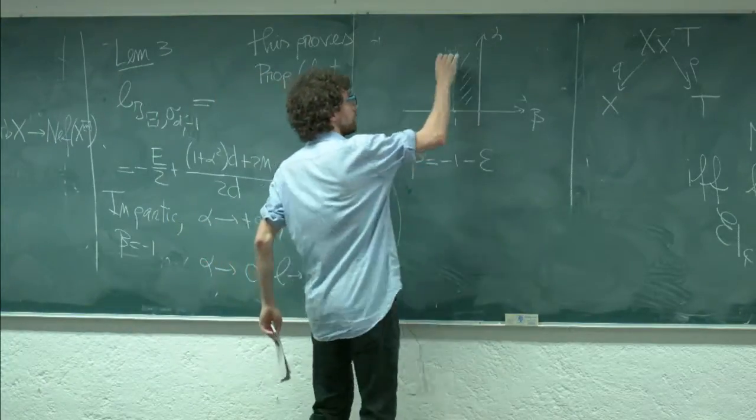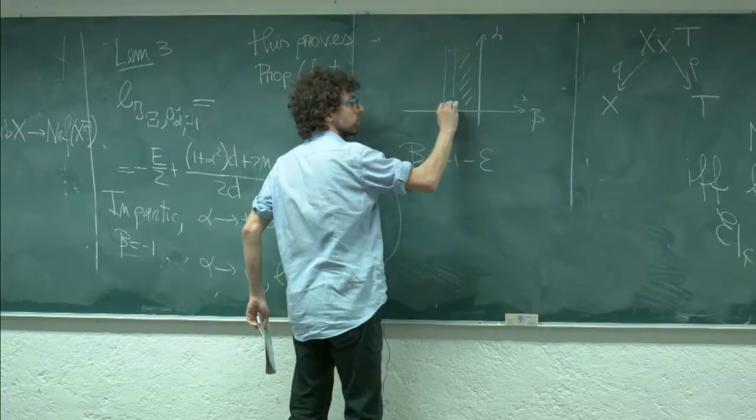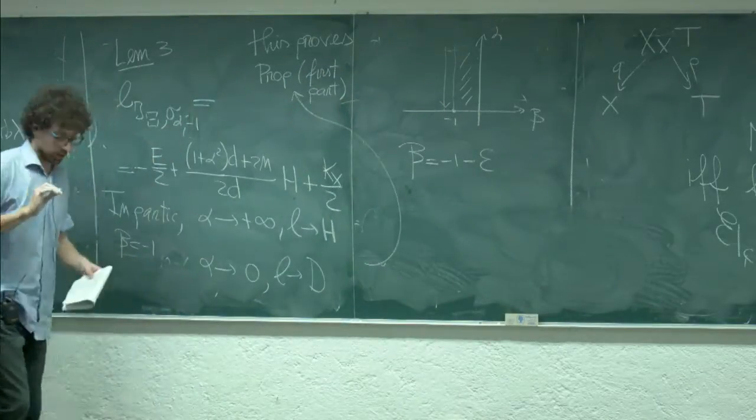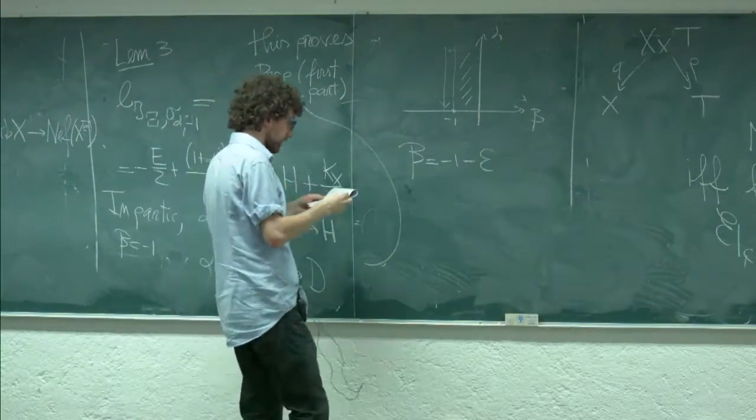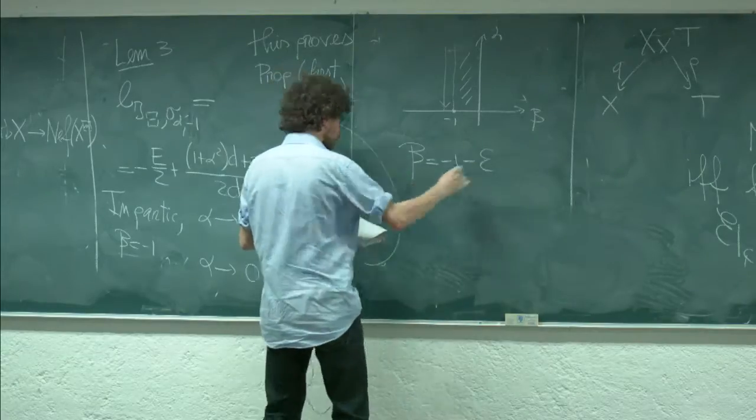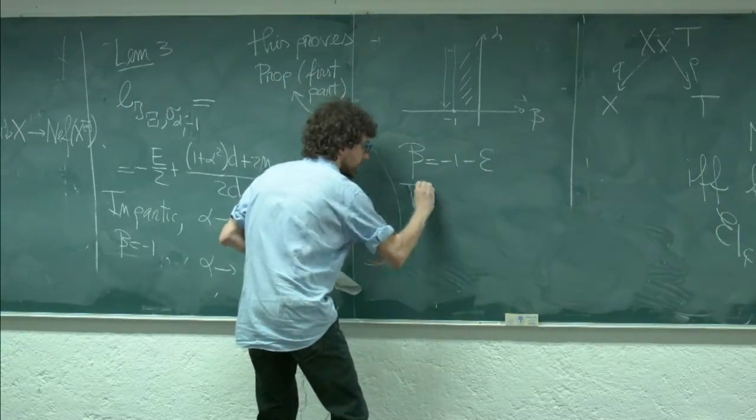And now what is the trick? The trick is that I'm moving again for alpha going to 0. I take this beta in this form, and then the statement is actually very simple.